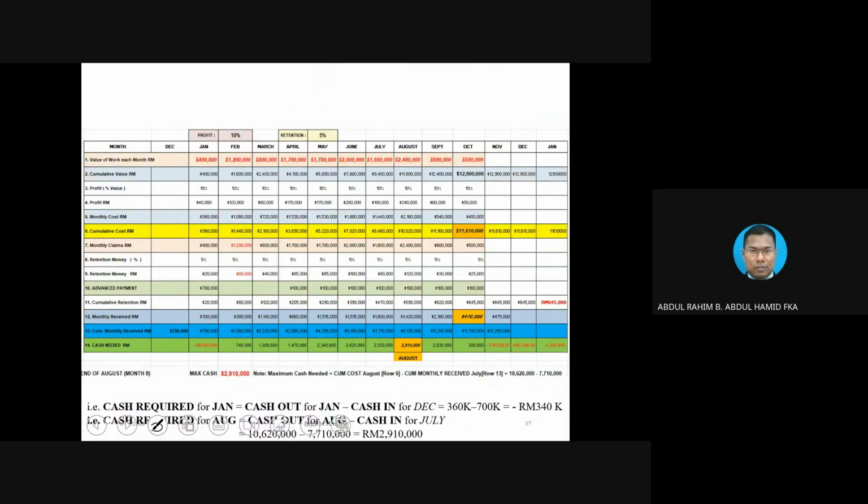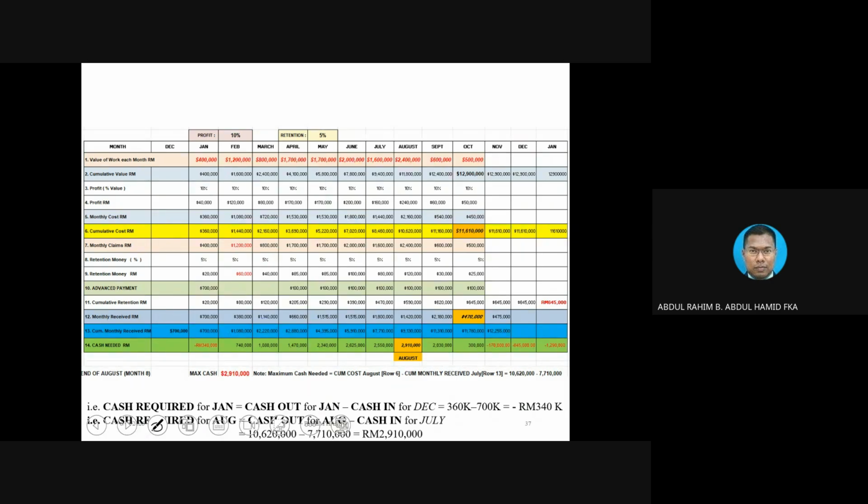So once we get row number 13, then we almost complete the calculation. Row number 14 is for us to get the answer. See, before getting the answer, you see how many calculations you need to do. Okay, cash required, 14. Using the same formula, cash out minus cash in. I already gave you the notes there, just an example.